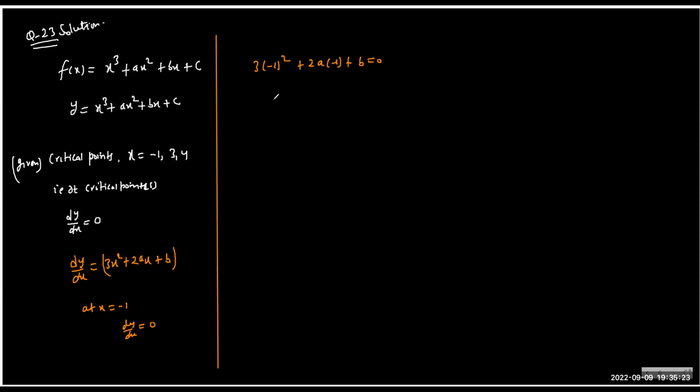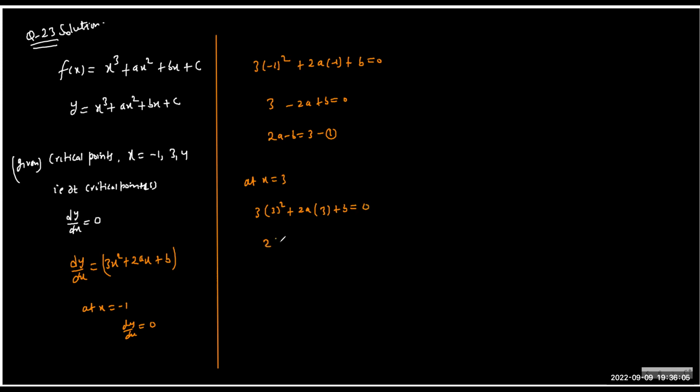So what are we going to get here? 3 minus 2a plus b equals 0. So 2a minus b equals 3 is the first equation. Okay. What else is given? At 3, it should also vanish, isn't it? So if I put 3, what will we get? 3 into 3 whole square plus 2a into 3 plus b equals 0.